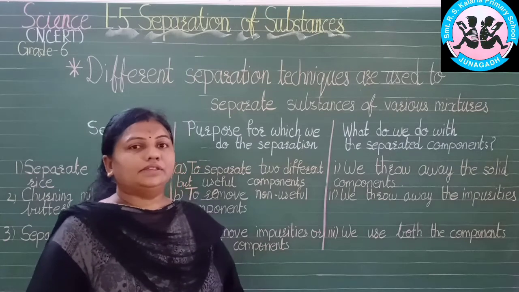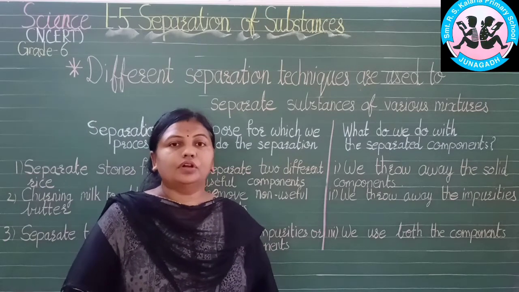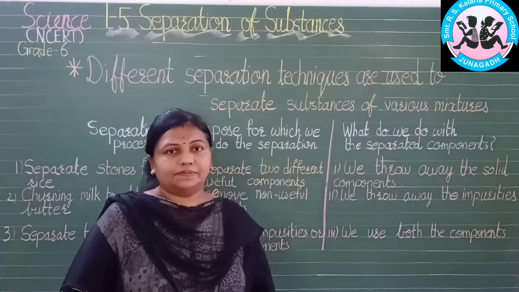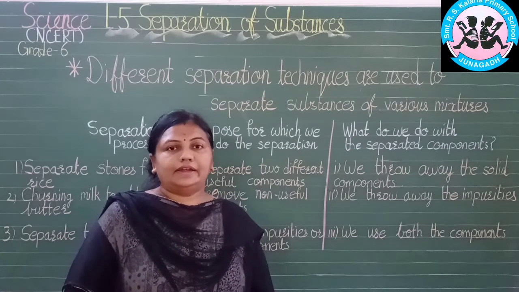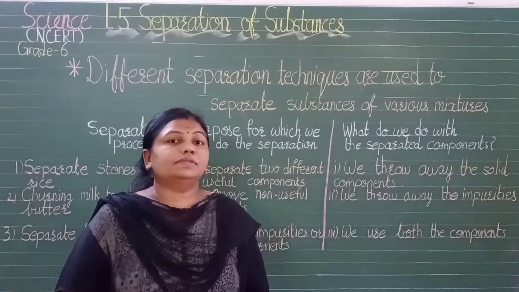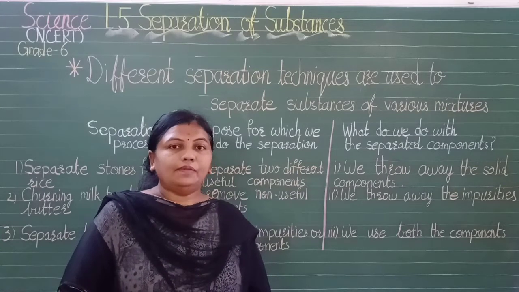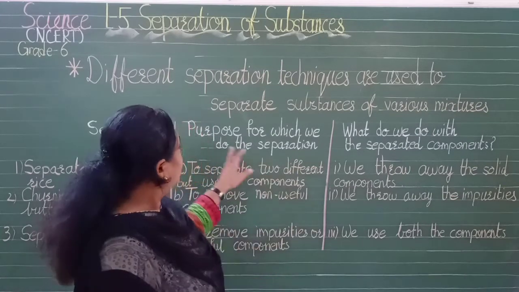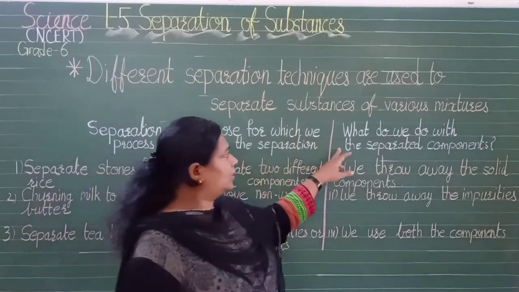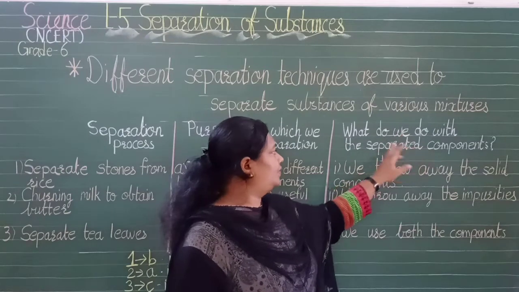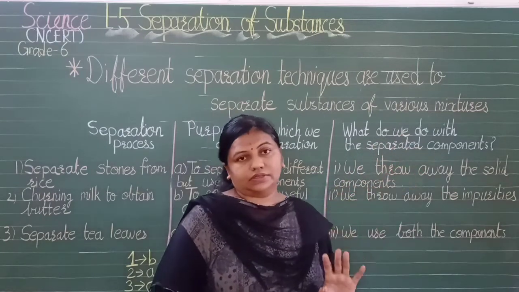If a milkshake is prepared, rose milkshake or chiku milkshake, then we drink it directly. But we never drink tea directly. Even sometimes we never drink lemonade directly. So that is the purpose for which we do the separation. And our third column is what we do with the separated components.